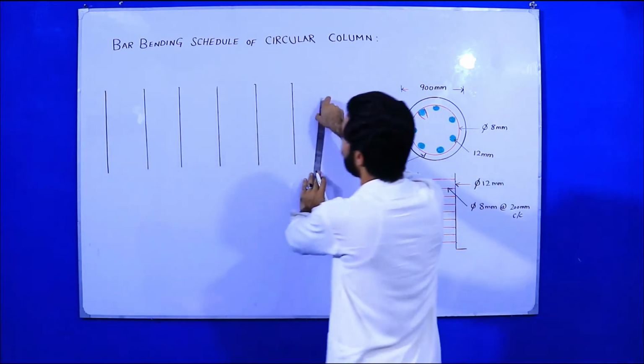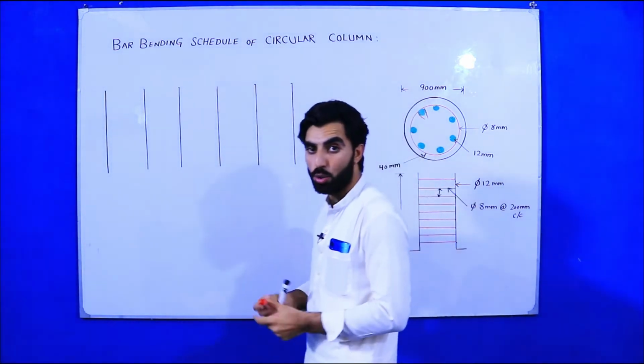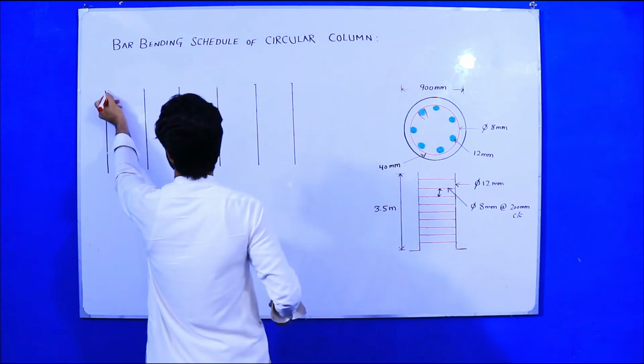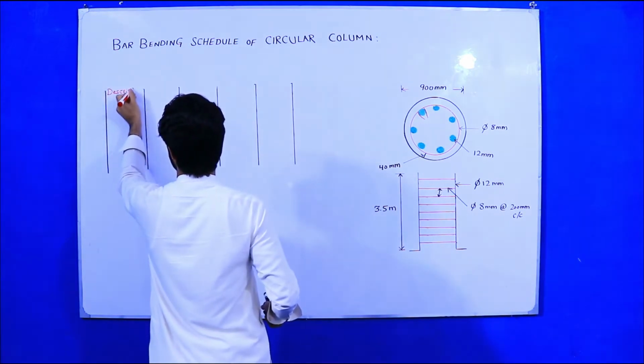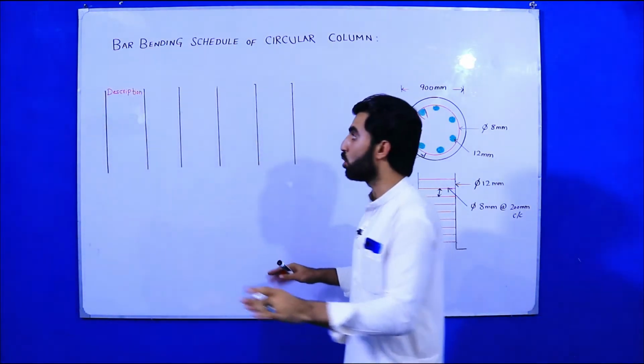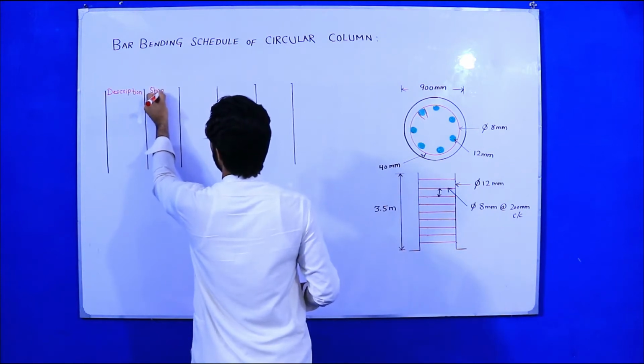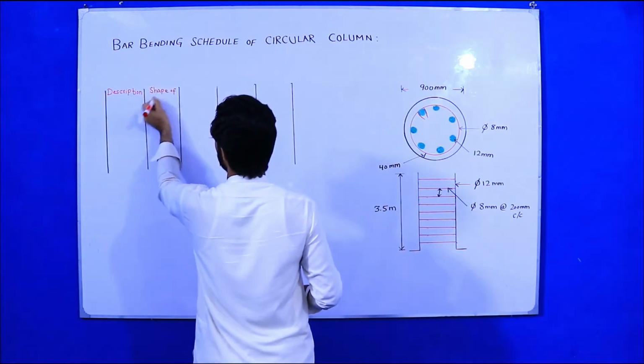If I require, I will make another one. So guys, in the first column you will write description, right? And in the second column you will write shape of steel.